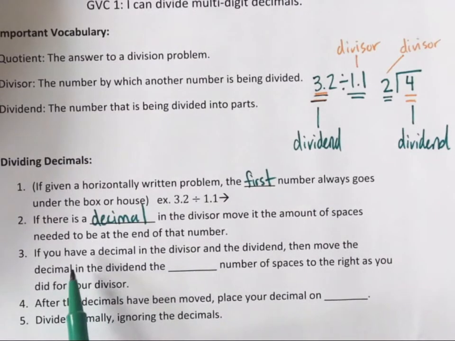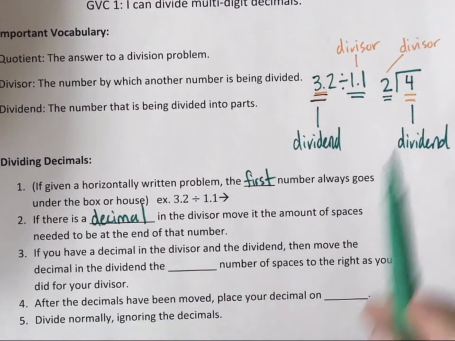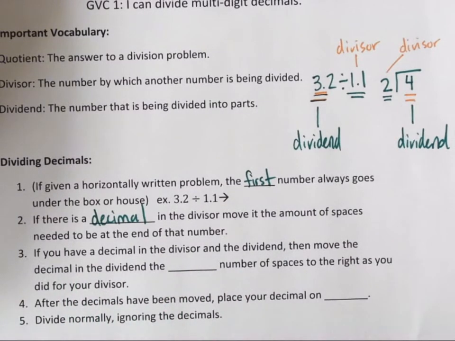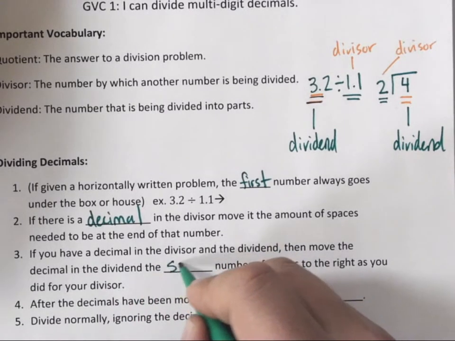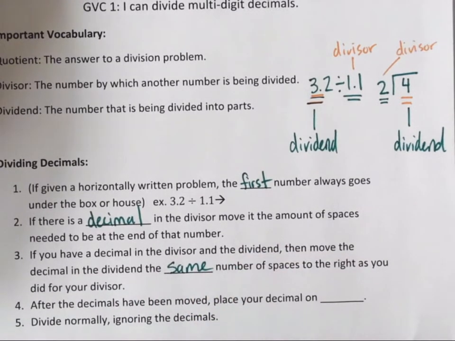So if you have a decimal in the divisor, the number you are dividing by, and the dividend, then move the decimal in the dividend the same number of spaces to the right as you did for the divisor.